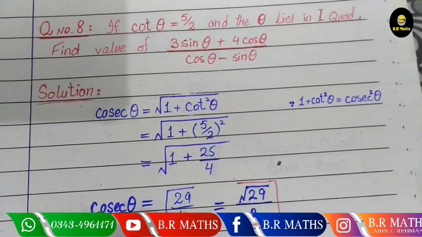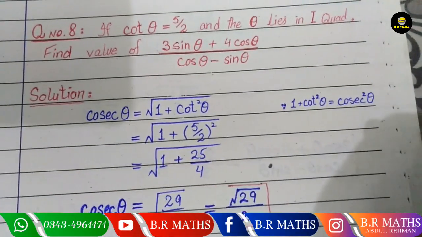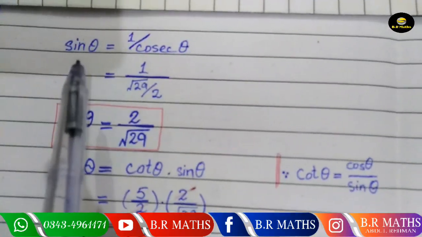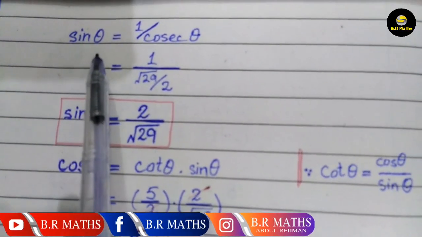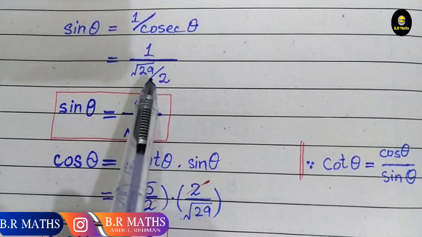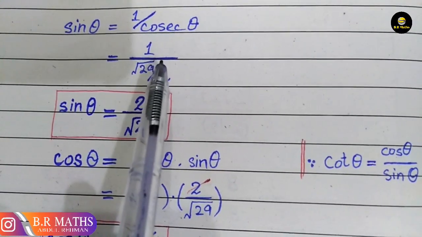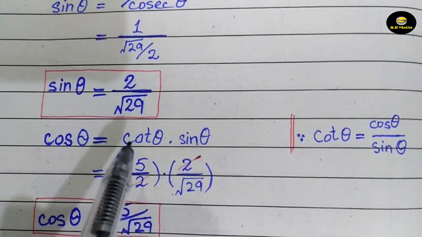So student, the cosecant is the reciprocal of sine theta. So the sine theta is 1 over cosecant. Put the value of square root 29 divided by 2 and take the reciprocal: 2 divided by square root 29.